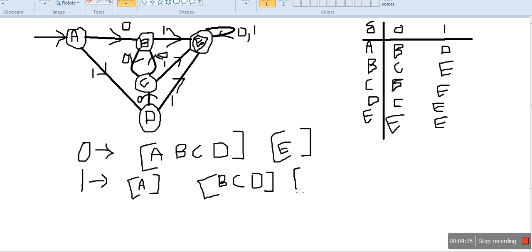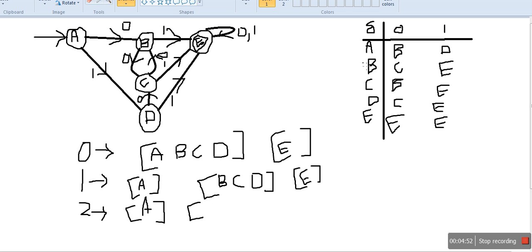Now D and E remain themselves, not two equivalent classes. A is single, so no division for A. Check B, C, D.